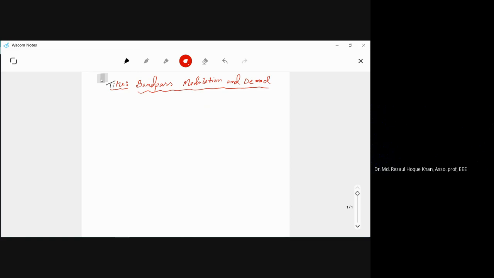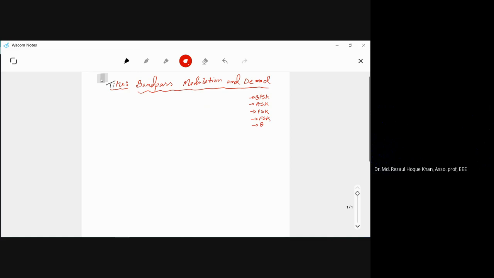So, in this chapter, we will cover various kinds of modulation techniques. For example, BPSK, binary phase shift keying, ASK, amplitude shift keying, PSK, phase shift keying, or FSK, frequency shift keying, or others like QPSK, quadrature phase shift keying.